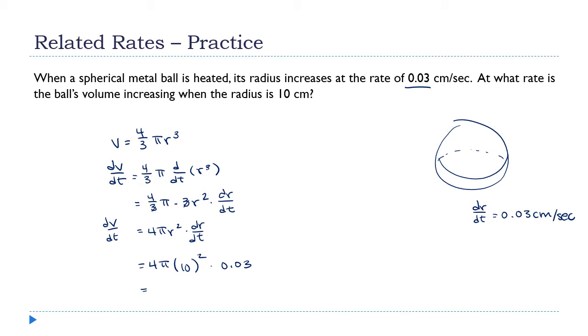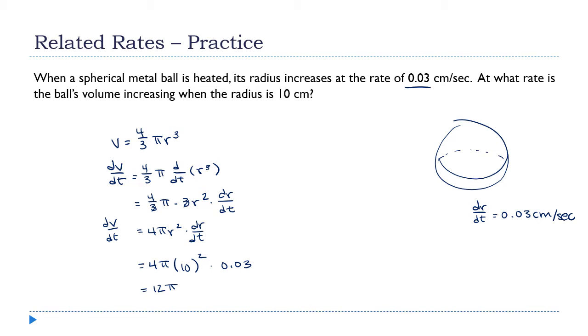So 10 squared is 100. 100 times 0.03 is 3. 3 times 4 is 12. So this is 12 pi.